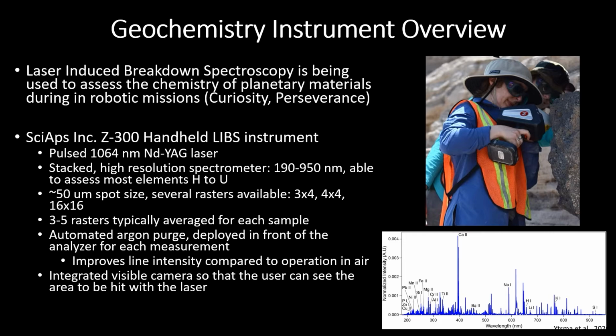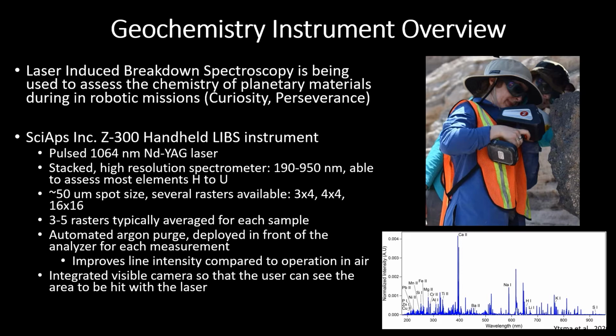So here I'll talk a little bit about our LIBS instrument, our laser-induced breakdown spectroscopy field instrument. But first I'll just point out that this technique, LIBS, is very planetary relevant. It's being used to assess the chemistry of planetary materials during 2 robotic missions on Mars right now, the Curiosity and Perseverance rovers.